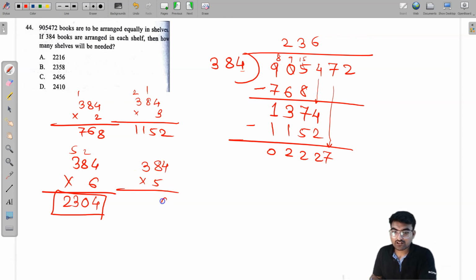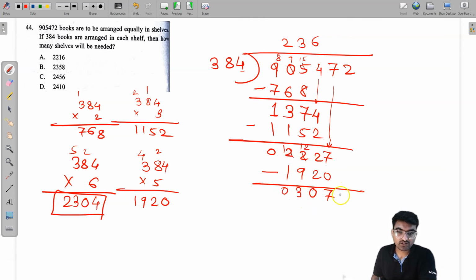So 5 fours are 20, 0 carry 2, 8 fives are 40 plus 2 42, 15 plus 4 19, so 1920, and in 20 we get 7 0. 22 minus 19 will be 2, 12 and 3 1, right?